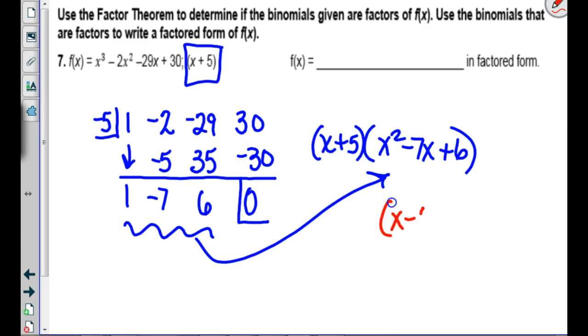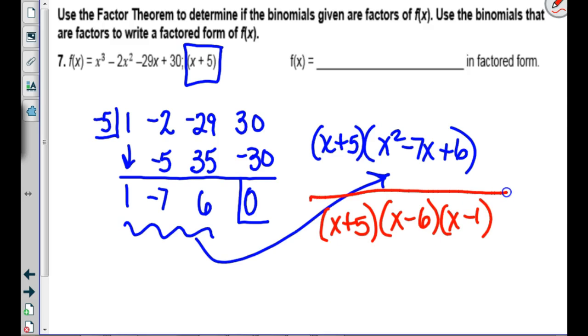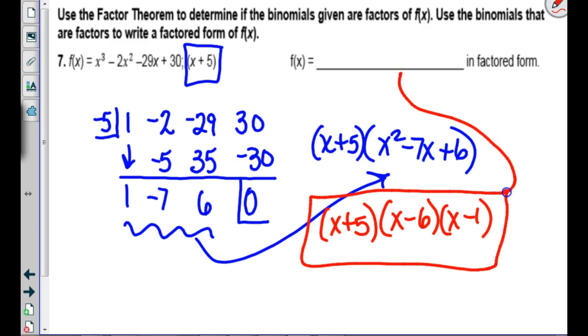Does it factor further? Is it x minus 6, x minus 1? That would give us a negative 7 in the middle, right? And a positive 6. So by finding one of the factors, we were able to completely factor this.